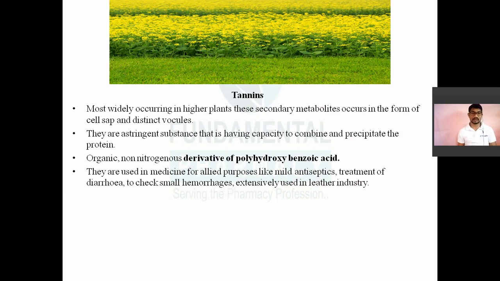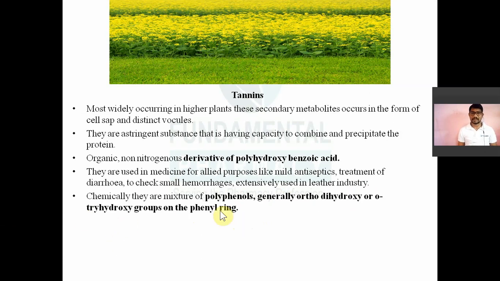They are also used for small hemorrhages, not hemorrhage from a large artery but from small vessels or capillaries, to check or stop the hemorrhage. They are extensively used in the leather industry for tanning purposes, to tan the leather.